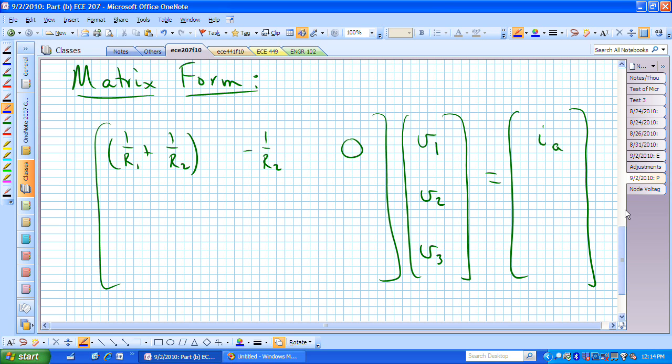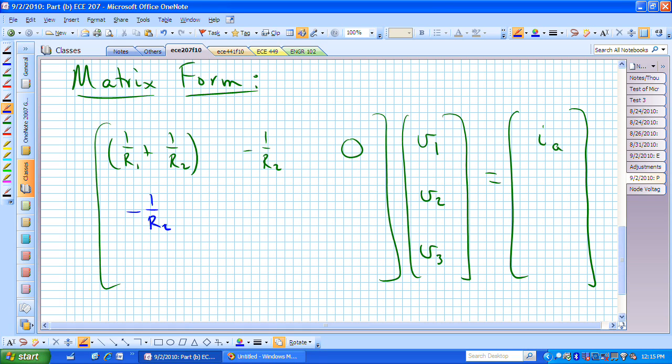That's why it comes in with a minus 1 over r sub 2 in the v sub 2 location of the matrix, and I sub A was going in or helping to deliver or supply current to that particular node. The second standard form equation, we have R2 shared between V1 and V2. It's now minus 1 over R sub 2.